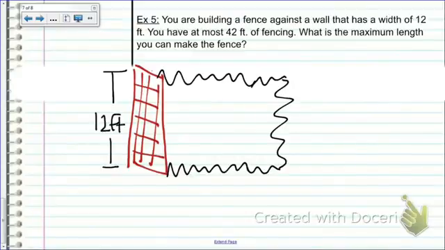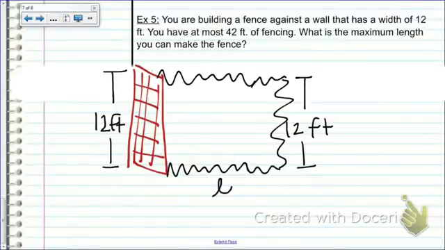Okay. So if the width of my wall is 12, that means this part of the fence also has to be what? So 12 feet. And so I don't know the length, so I'm going to label it L. And I like to use cursive L's when I'm talking about length because then it doesn't look like a 1.